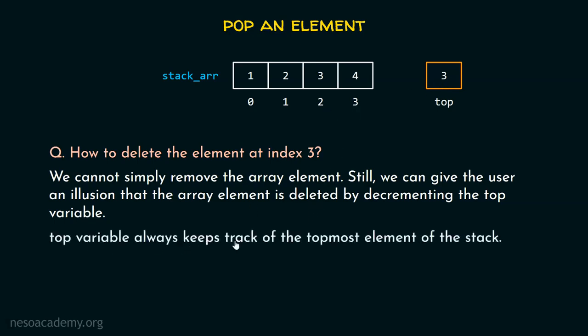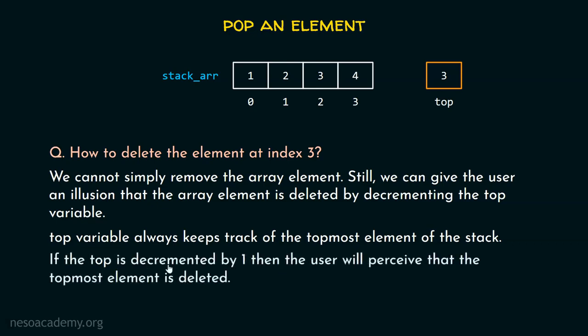The top variable always keeps track of the topmost element of the stack. Currently the top variable is holding the value 3, which indicates that the topmost element is at index 3. Now if top is decremented by 1, the user will perceive that the topmost element is deleted.